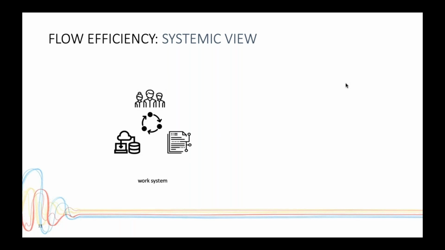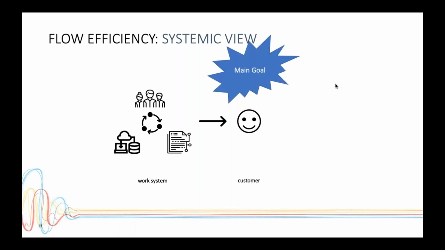And a flow-efficient view really takes a more systemic view of the work system. How does the work system deliver that value to customers? And we're fond of saying at EDC that it's really a combination of people, information and technology that interact to create the value for the customer.